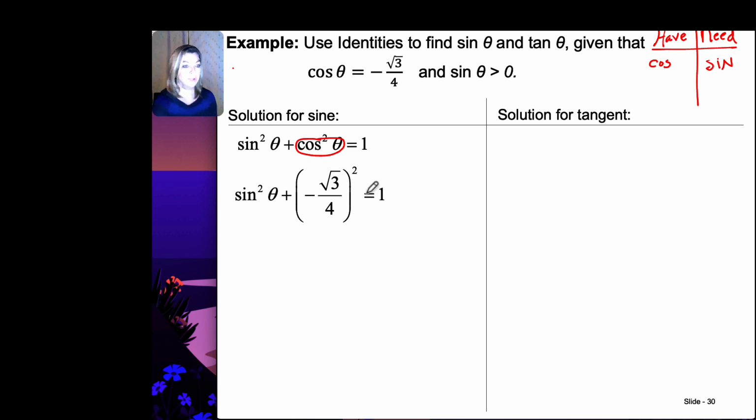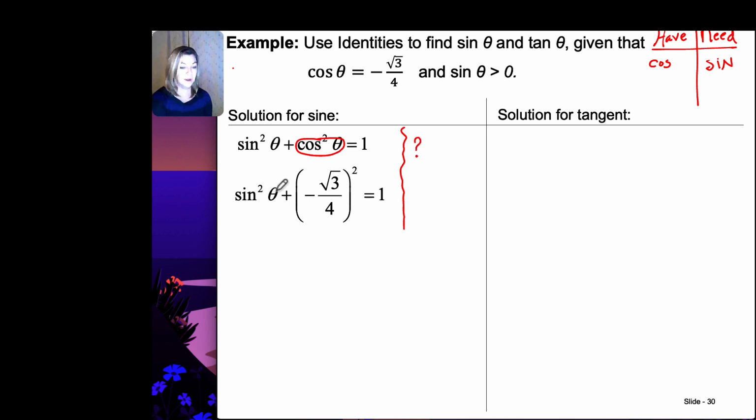Okay, from here, our goal is to isolate sine of theta. Our goal is to find sine of theta, so we want to isolate this piece right here. I want to show you this exact same equation, but I'm going to take sine theta and change it into a question mark.